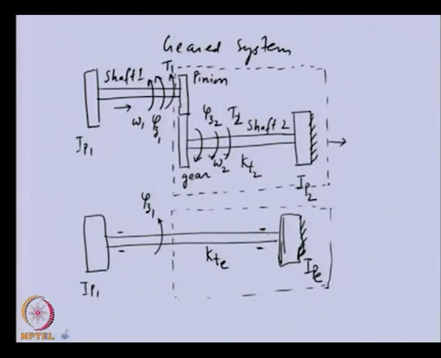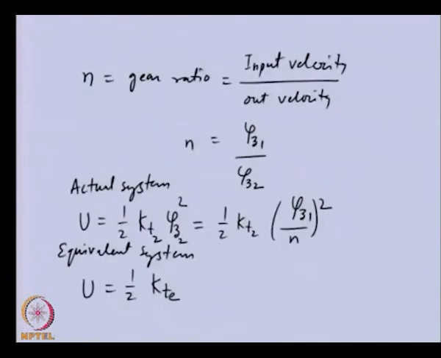So, here we will have strain energy corresponding to the same displacement. Now, these two energies should be the same if the two systems are equivalent, so we equate them.